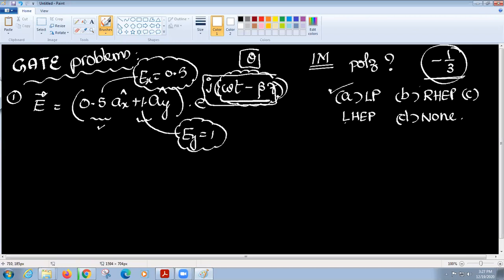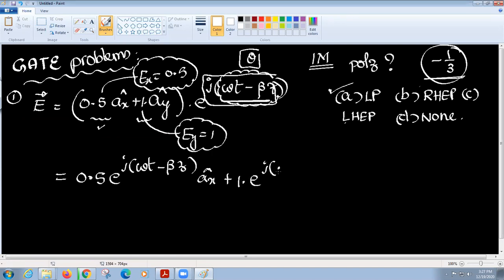If you take this phase out, it is like this. You have 0.5 e power j omega t minus beta z ax roof, plus again you have 1 multiplied by e power j omega t minus beta z along the y-axis.